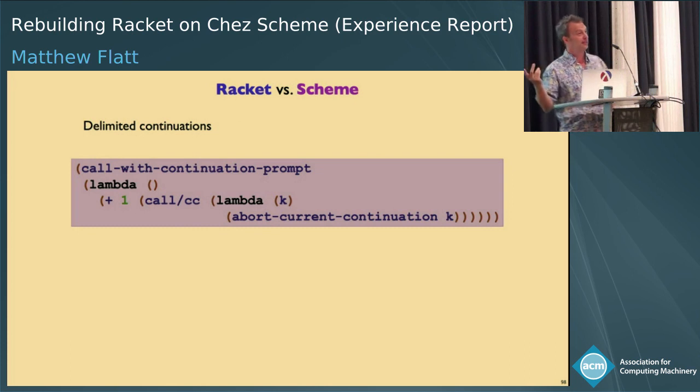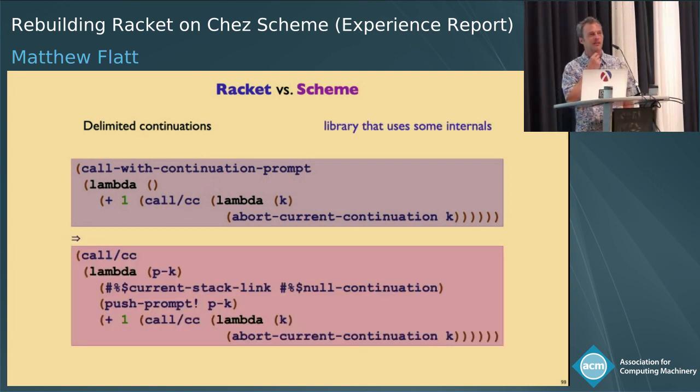Racket has delimited continuations, which means that you can capture a continuation that doesn't capture the whole current one, but is delimited by a prompt. So that means we need to add call-with-continuation-prompt and make call/cc pay attention to it. It turns out that you can implement this in Chez Scheme by just using this internal $app current-stack-link.